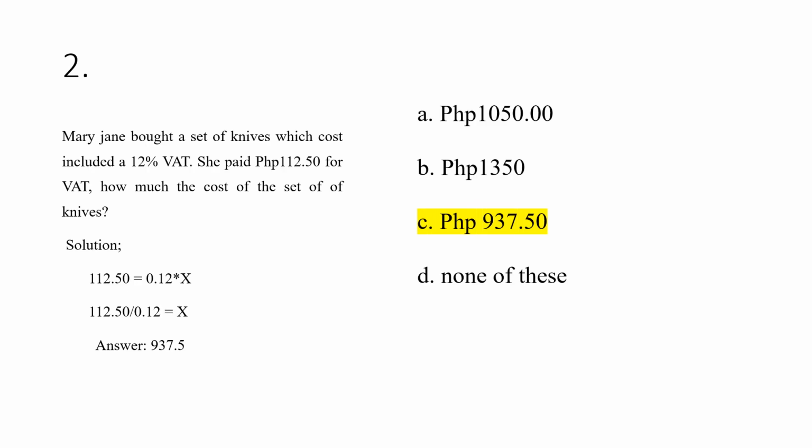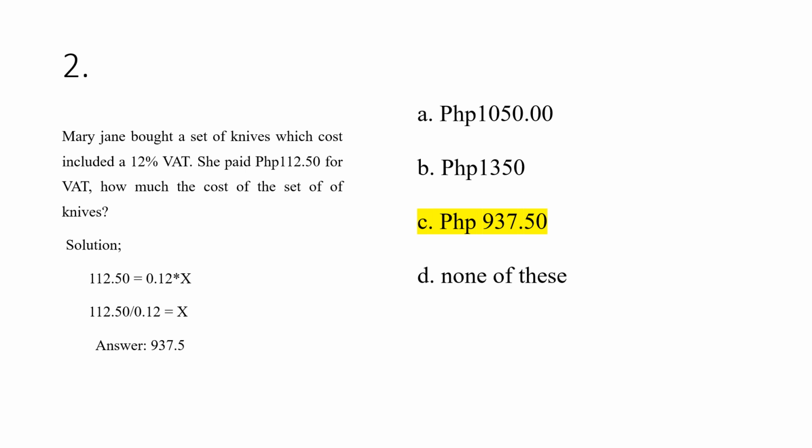For number 2, this will be a set of knives with a VAT at 12%, equal to 112.50 pesos. To find the cost of the set of knives, we have the equation that 112.50 is equivalent to 12%, or 0.12, of x.